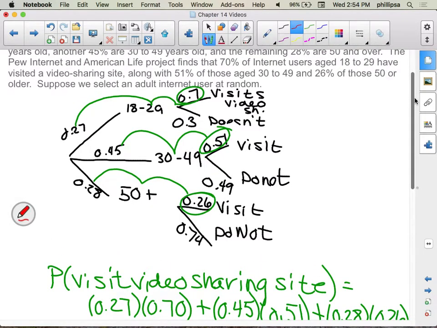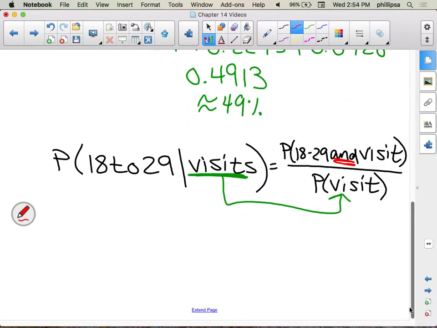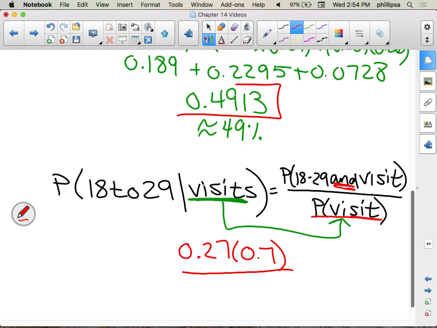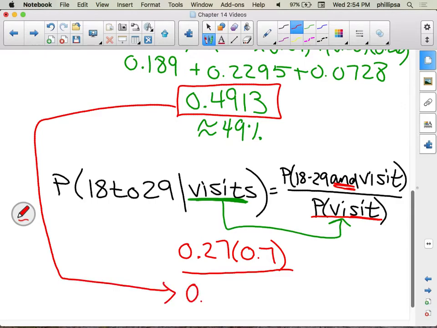So they are 18 to 29 who visit, which we kind of already did in the previous question, 27 times 70% over the probability that they visit video sharing, okay? And the probability that they visit video sharing was what we were asked in part B, where we had to find out each one, okay? And so that goes there.